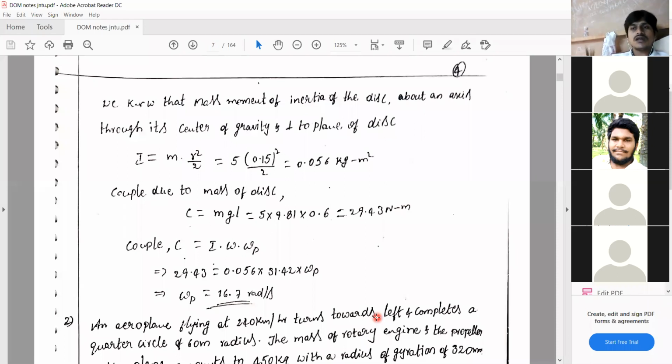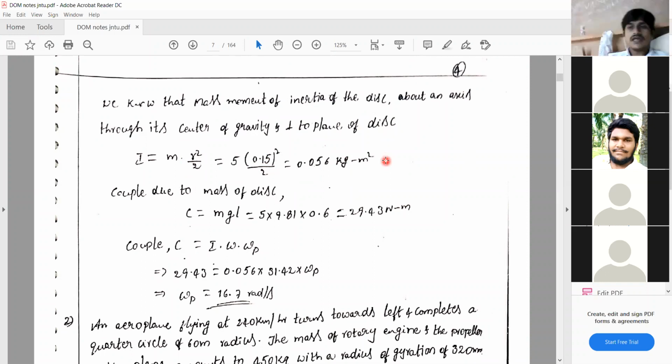Sometimes the radius of gyration is not given, so then you may consider the formula m r square by 2, using the disc radius. So 5 into 0.15 square by 2, and the I value is 0.056 kg meter square.